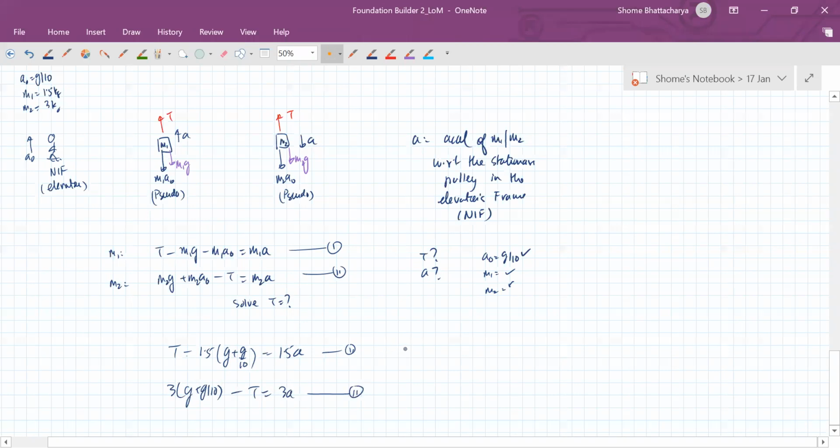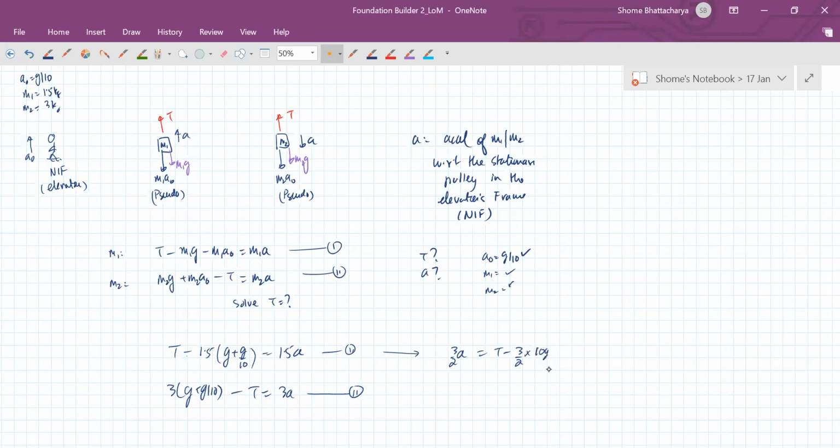Or, this is telling you 3 by 2A is equal to T minus 3 by 2 into 11G by 10, like this.